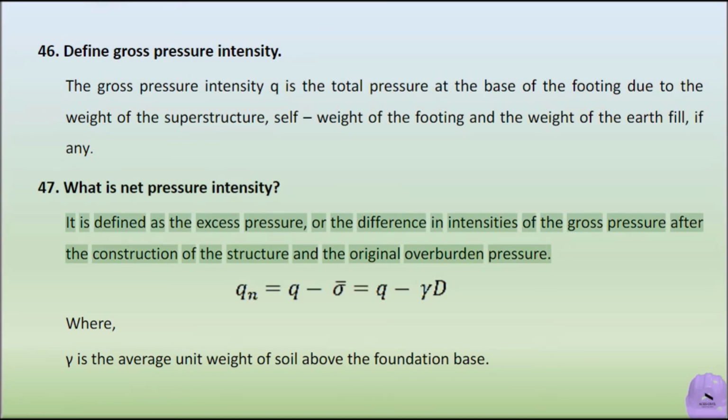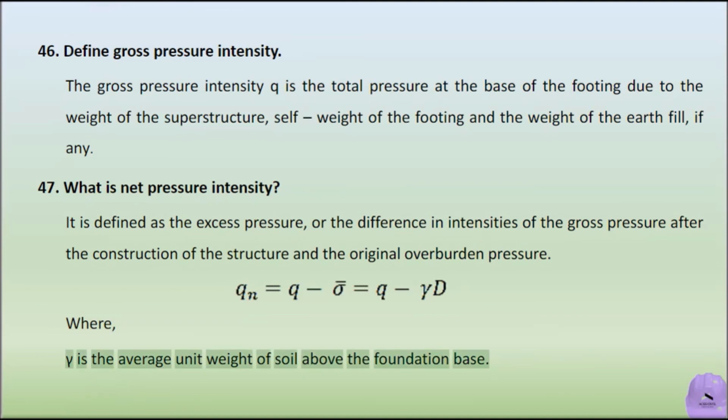It is defined as the excess pressure, or the difference in intensities of the gross pressure after the construction of the structure and the original overburden pressure, where gamma is the average unit weight of soil above the foundation base.